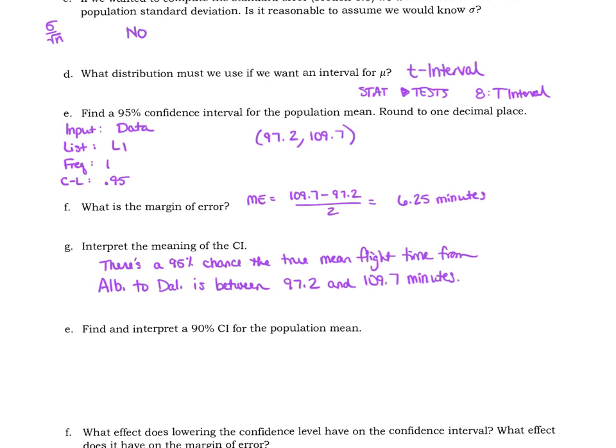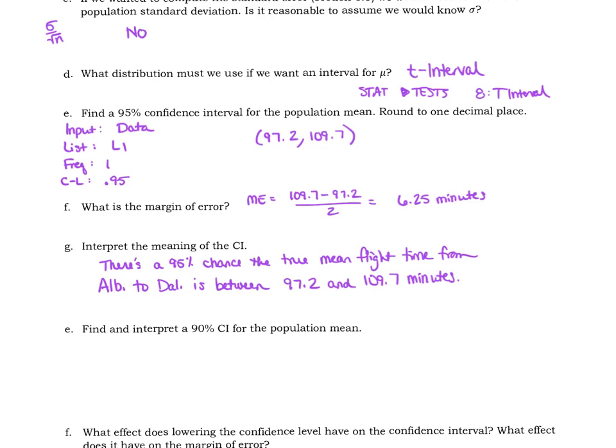Now, if we do the same thing, but this time for a 90% confidence interval, all you need to do is go back into stat, tests, T interval. Everything stays the same, but change your confidence level to 90%. Now, think about what should happen. If you are less confident that you hit the target, what should happen to your interval?